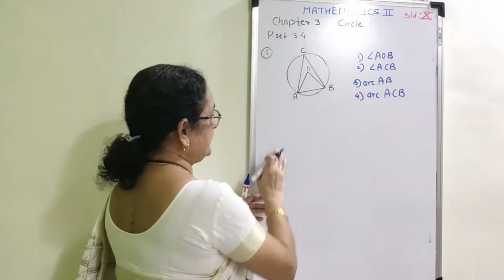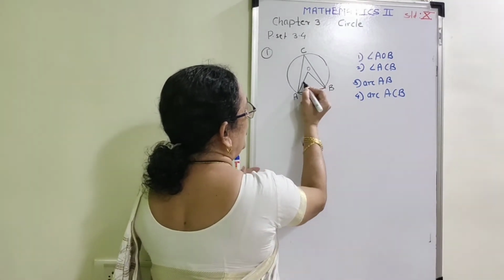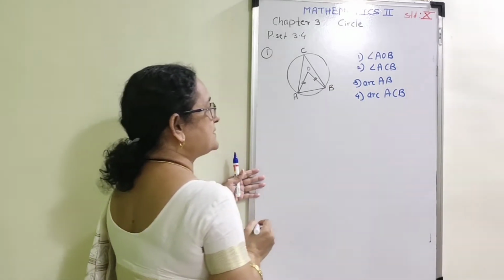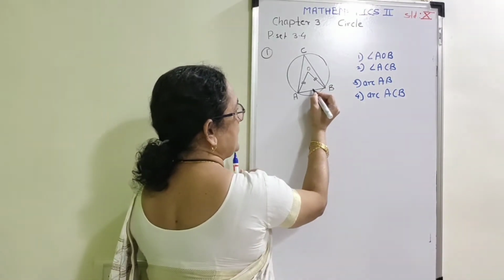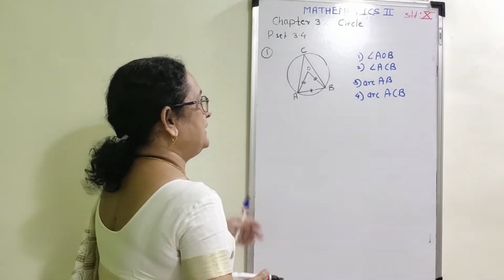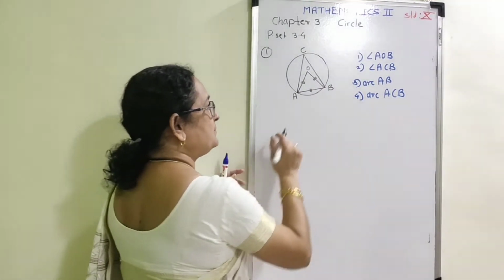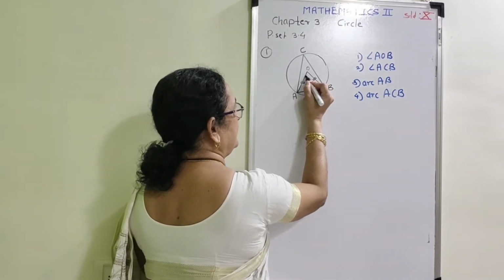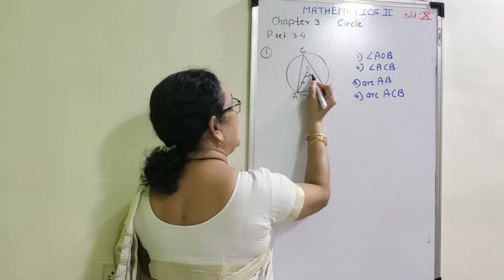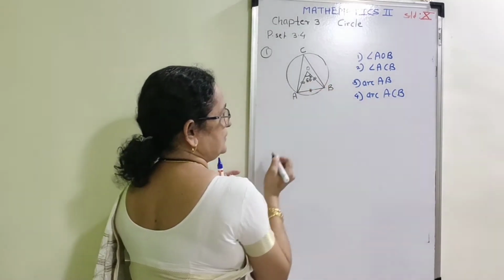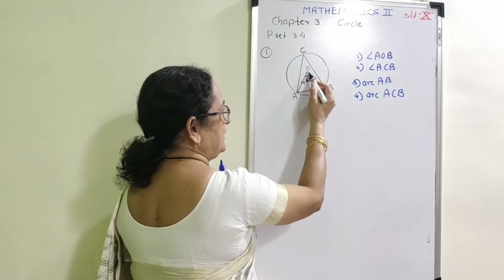Now here, first thing they have given that OA is the radius and OB is also the radius. The first important thing they have given is that the chord AB is also equal to the radius, and therefore my first decision is this triangle OAB is an equilateral triangle, and we all know that the angles of an equilateral triangle are each 60 degrees, but this is a central angle.